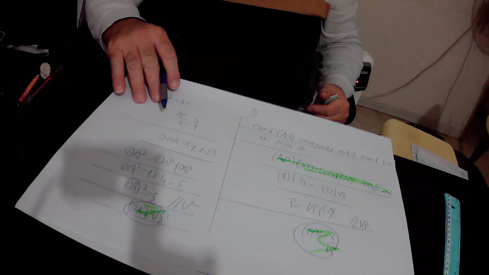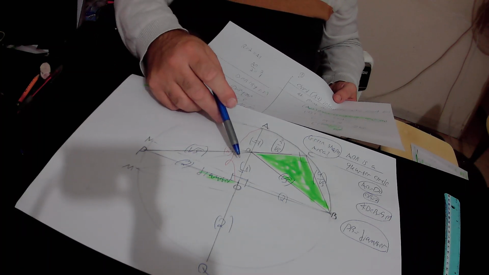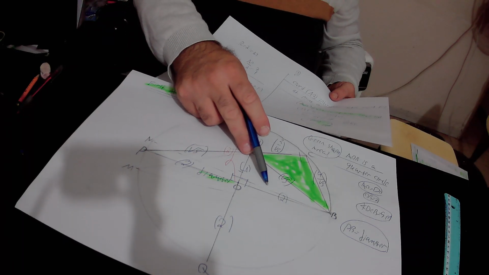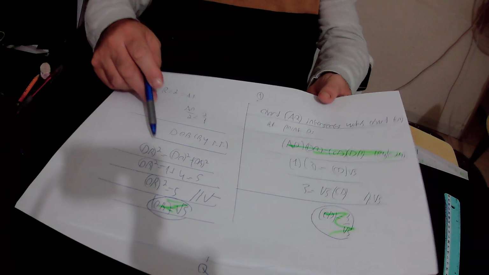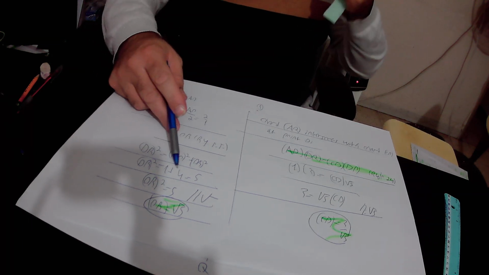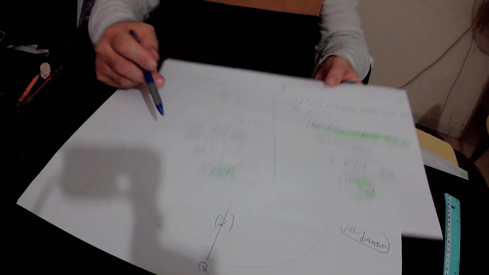DB is the missing hypotenuse. DO is 1, therefore DO square is 1 square, plus OB square. OB is 2, therefore OB square is 2 square, that is 4. So in total, DB squared, that is the square of the hypotenuse, equals 1 plus 4, that is 5. So DB squared equals 5.